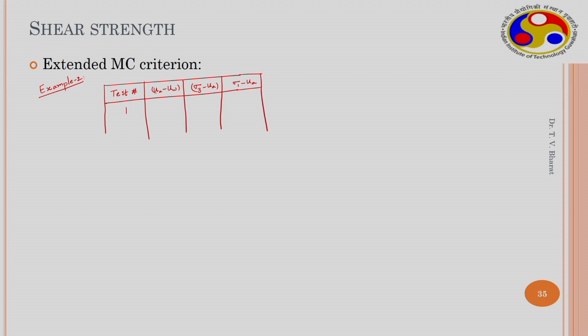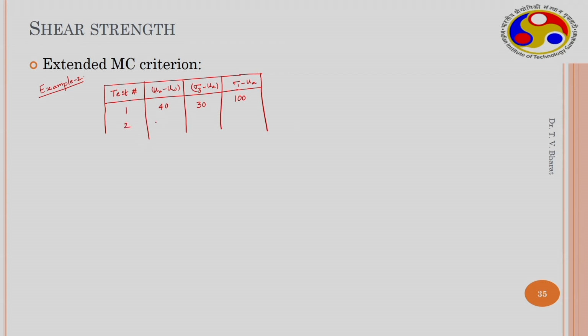So, now test 1, the UA minus UW is maintained to be 40 and the sigma 3 minus UA is maintained to be 30, and this sigma 1 minus UA is observed to be 100.